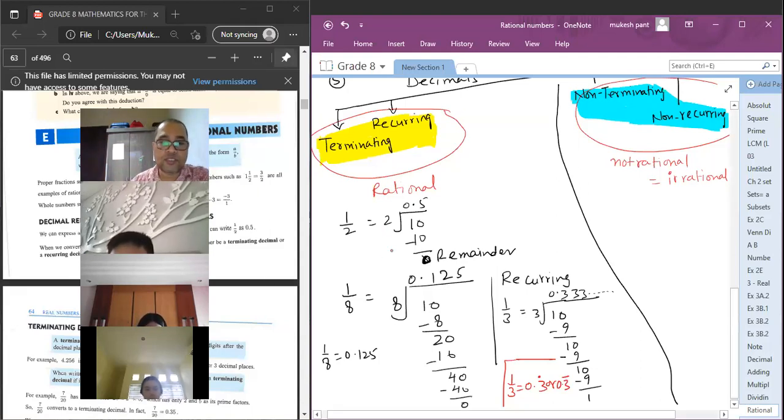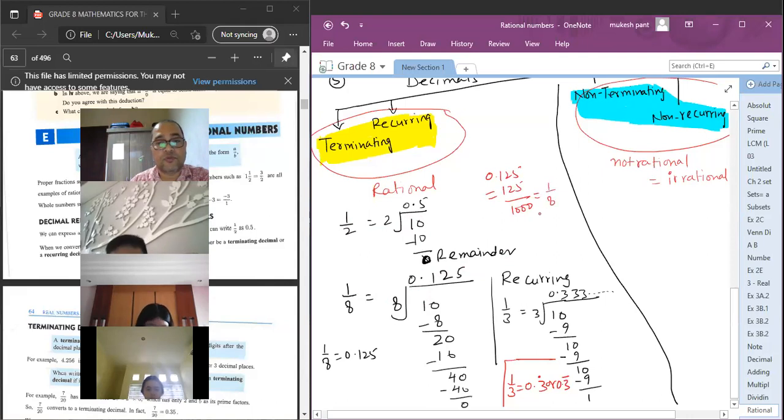As you can see, 0.5 or 0.125 are terminating, and we can write them in the form of a rational number. Suppose we have 0.125. How can you convert this into a rational? 125/1000, and then you can convert it into lowest form.